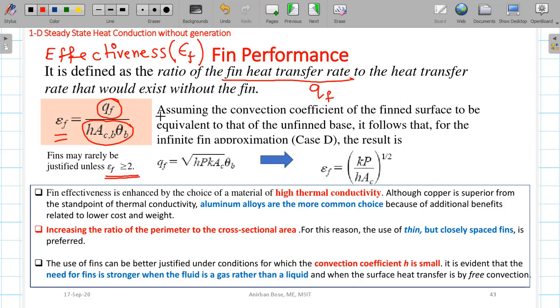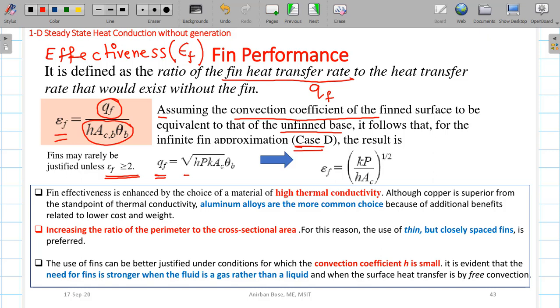Now see, how to find out the effectiveness, assuming the convection heat transfer of the finned surface to be equivalent to that of the unfinned base. So if you assume that convective heat transfer will remain the same, in that case for case D, this Q F we know is the value of the Q fin in case of an infinitely long fin.